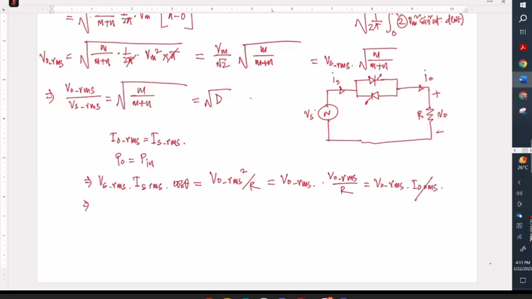So your I naught and Is RMS are the same. So we can write cos theta, that is the input power factor, is nothing but your V naught RMS over Vs RMS, which is nothing but this ratio.